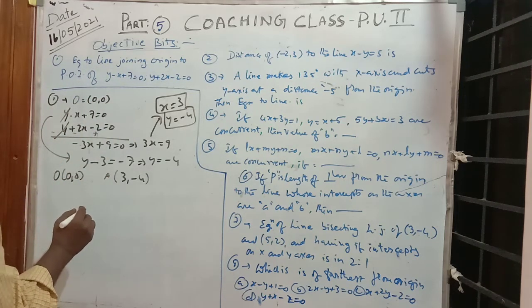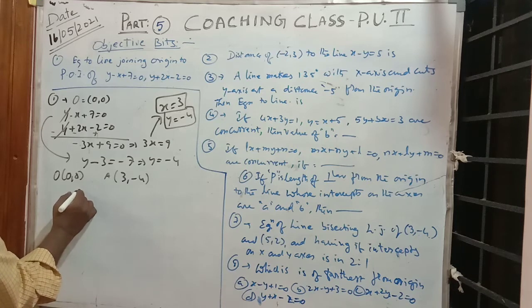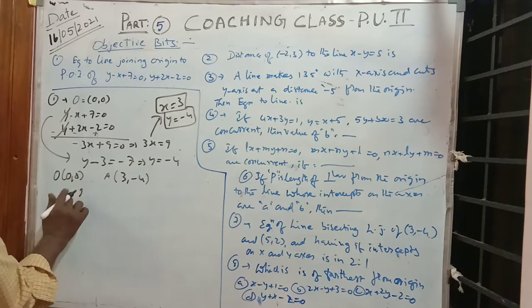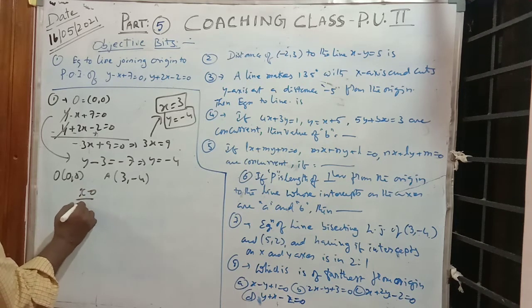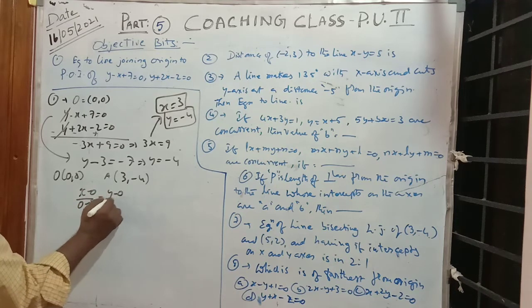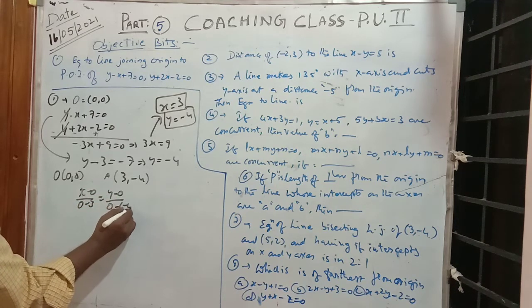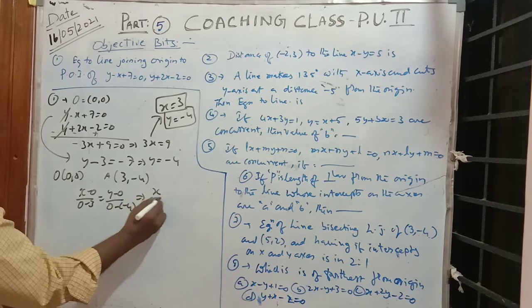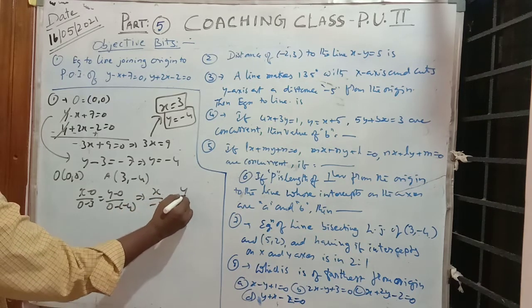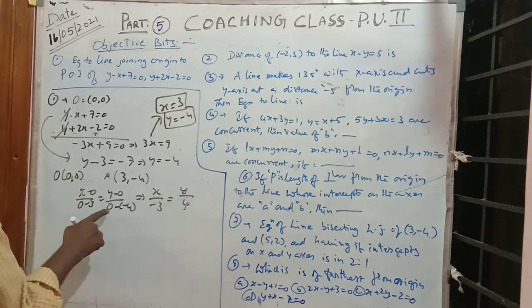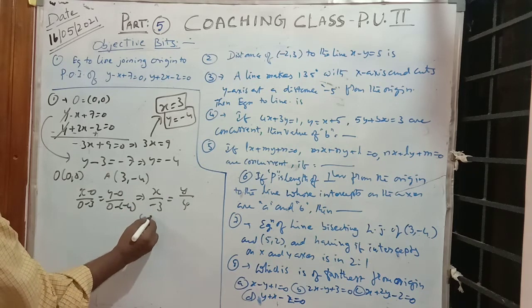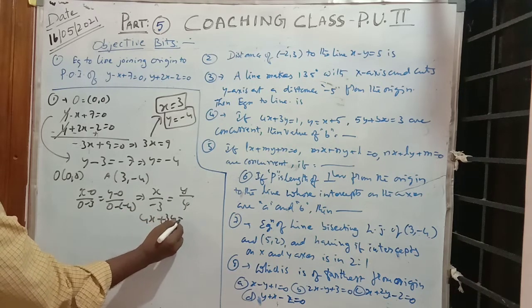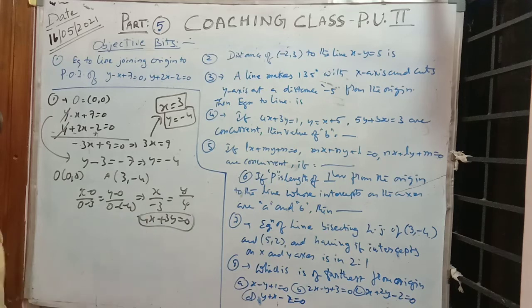The line joining the origin and this point: x minus 0 by 0 minus 3, equals y minus 0 by 0 minus of minus 4. That implies x by minus 3 equals y by 4. So 4x plus 3y is equal to 0 is the required answer.